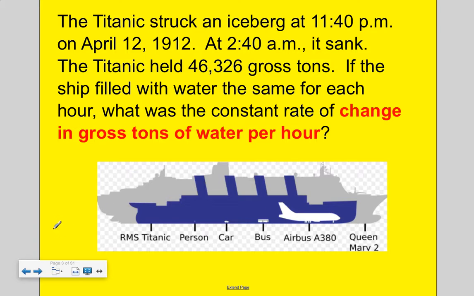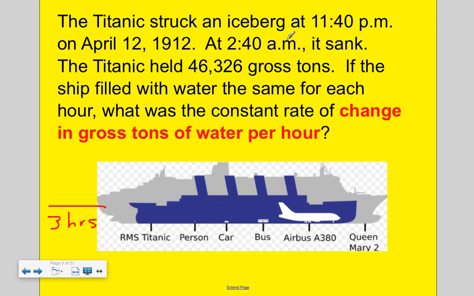So let's solve this. It started at 11:40, it sank at 2:40 a.m. How many hours is that? 11:40, 12:40, 1:40, 2:40. That's about 3 hours. So the constant rate of change.